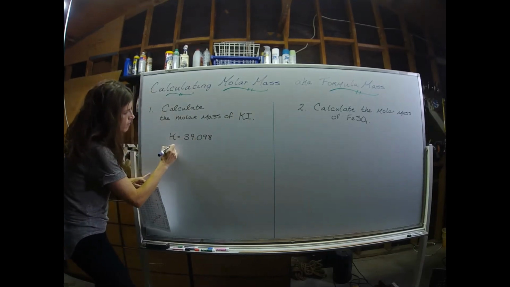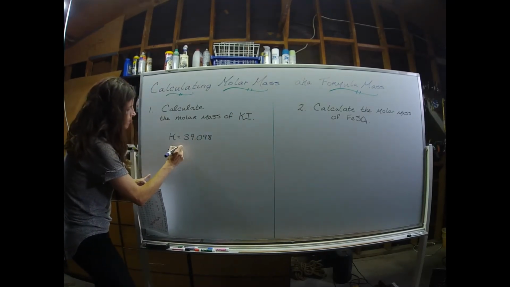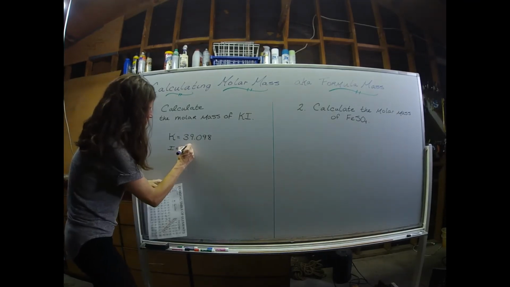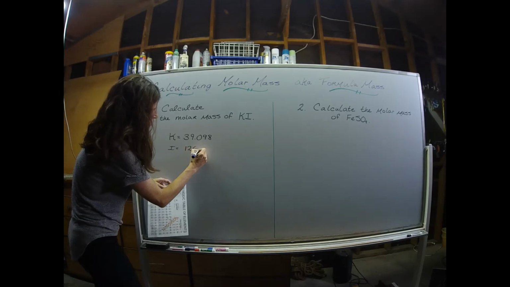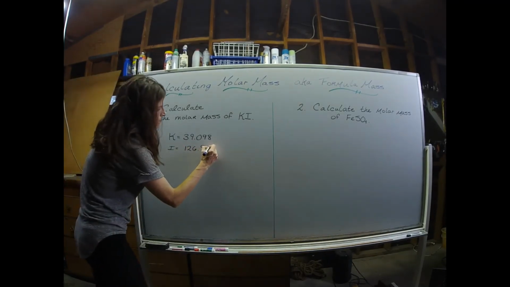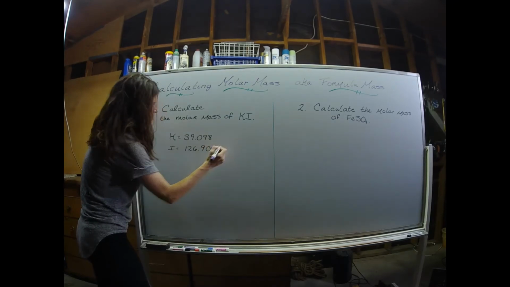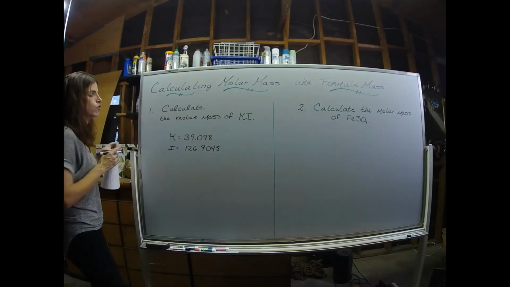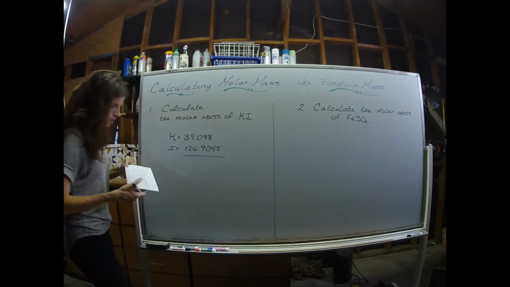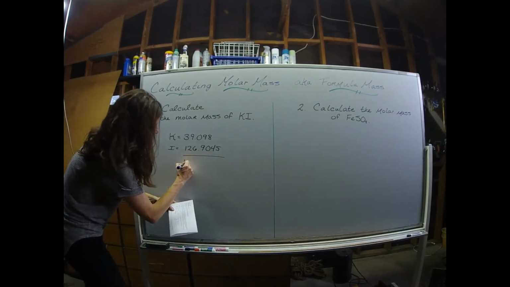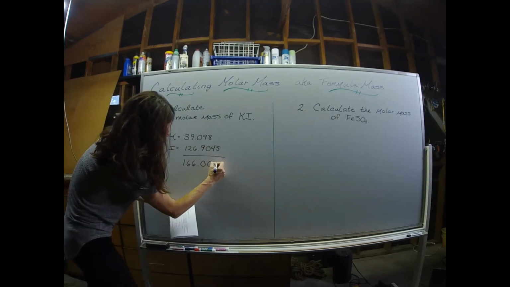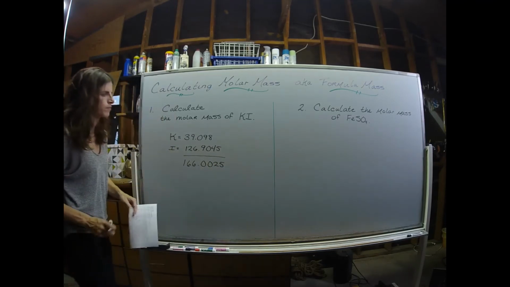And I want to do the same thing for the iodine. So there I get 126.9045. And we're just going to add those two values together. So I got 166.0025 when I did that.